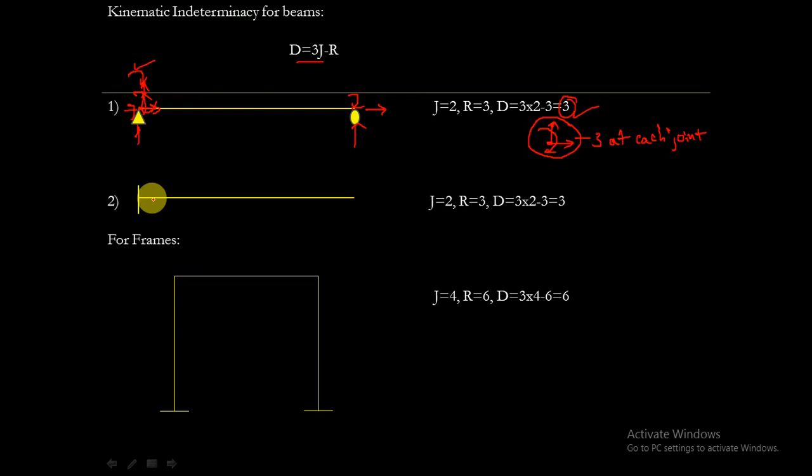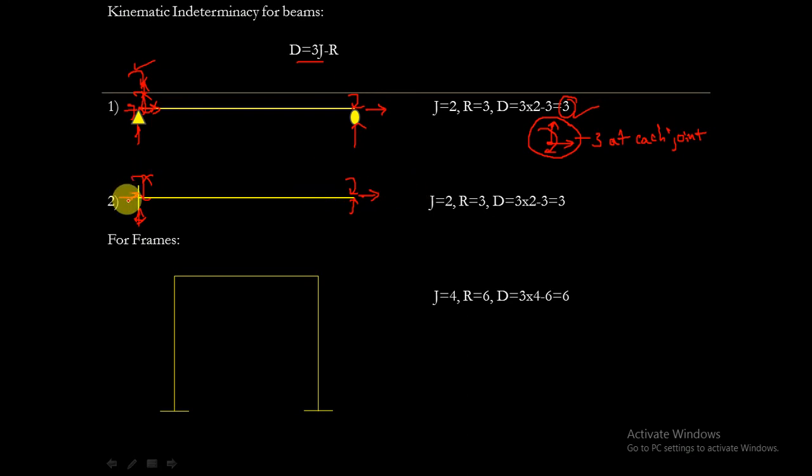Let us take this cantilever beam. It has 3 degrees of freedom at this joint. At the free end it can move horizontally, it can move vertically, and it can easily rotate.